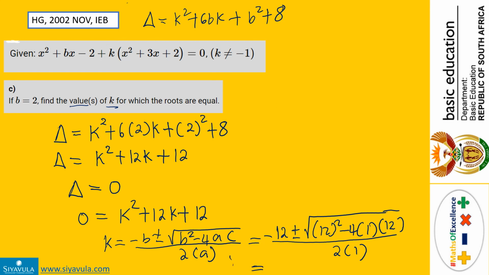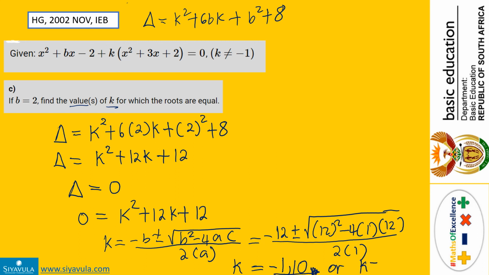Great. So k will be equal to, let me quickly use my calculator, minus 12 plus or minus root of 12 squared minus 4ac divided by 2a. Then I'm getting an answer k equals minus 1.10, rounded to 2 decimal places.